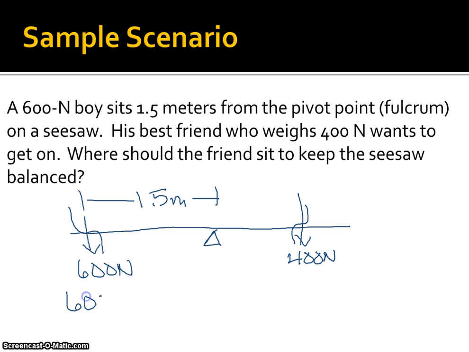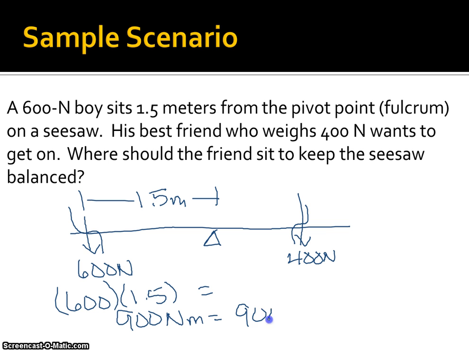Well, let's find the torque on this side. We see that the torque on this side is equal to 900 newton meters. So to make this thing balance out, this side also has to be 900 newton meters.